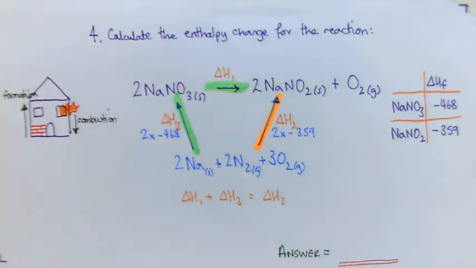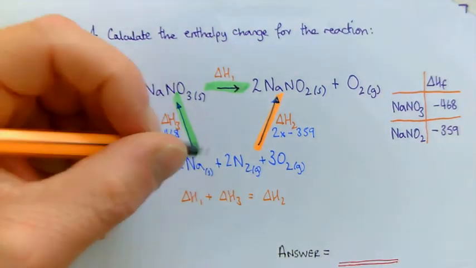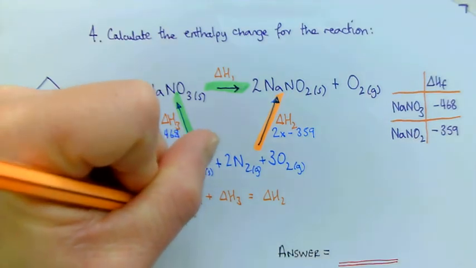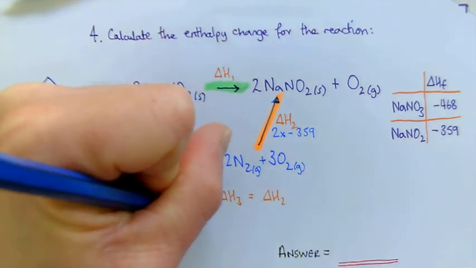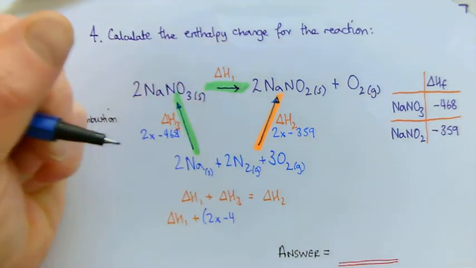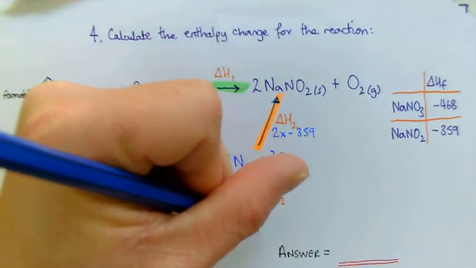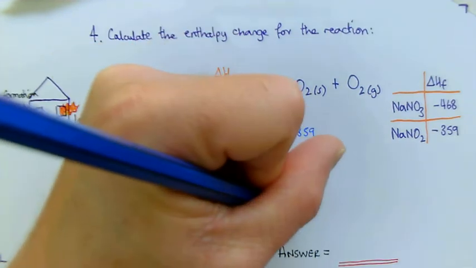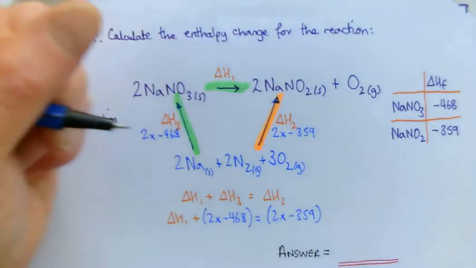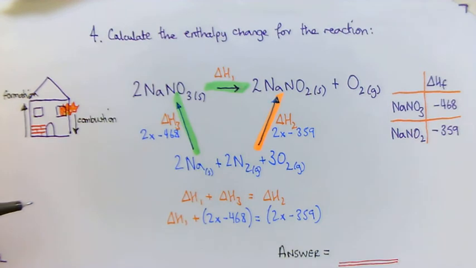So we have delta H1 plus 2 times minus 468 equals 2 times minus 359. Let's cancel those down a bit.